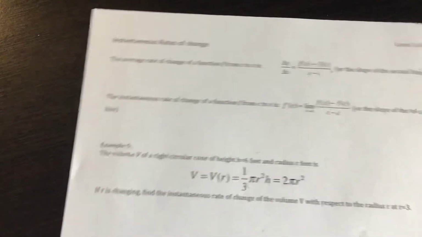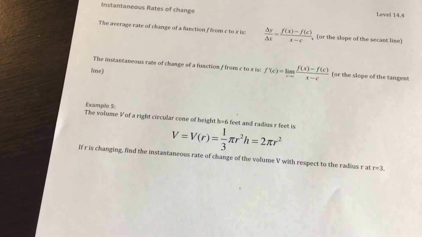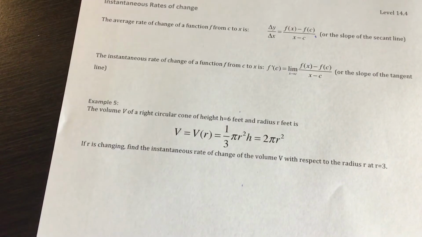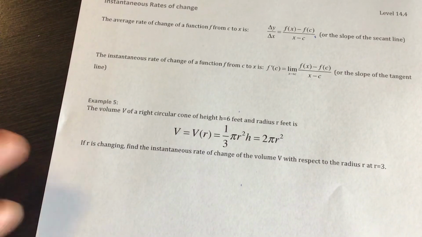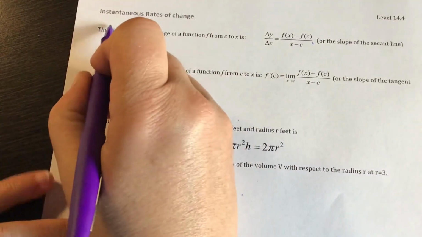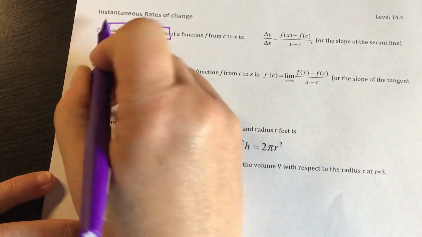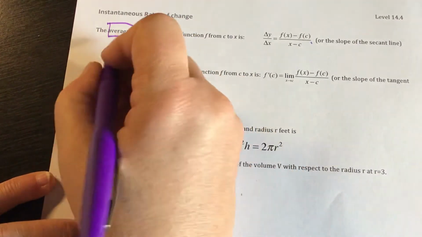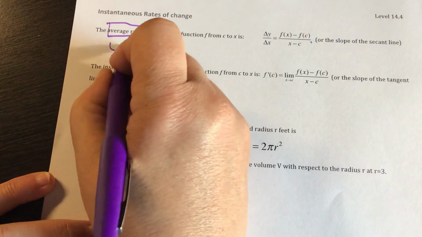Next one. This is a lot of definitions here at the top. The average rate of change would be between 2 points, which is a secant line.